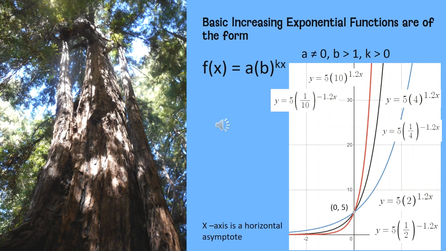For example, 5 times 10 to the 1.2x is the same function as 5 times (1/10) to the negative 1.2x, because (1/10) to the negative 1 power is the same as 10, as well as 5 times 4 to the 1.2x would be equivalent to 5 times (1/4) to the negative 1.2x, and 5 times 2 to the 1.2x would be equivalent to 5 times (1/2) to the negative 1.2x.